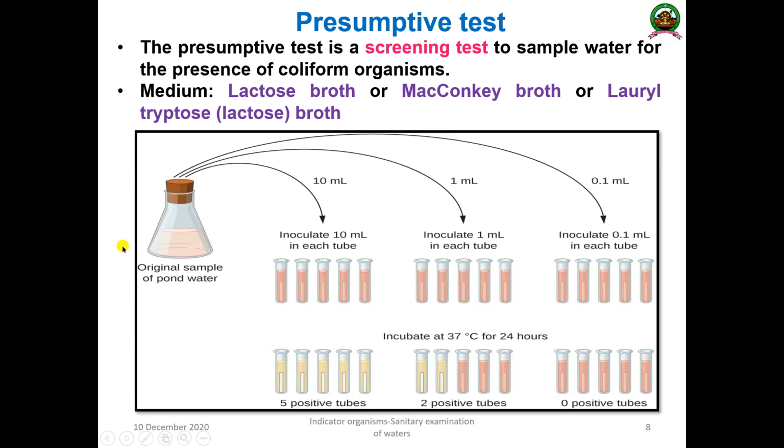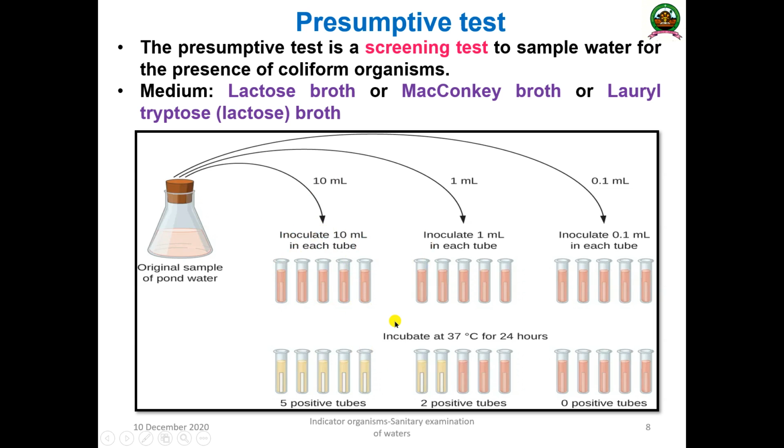Now what you have to do is take the water sample from a pond water or a tap water or the water you are going to utilize in your home, or toilet water, whatever water you want. In a small quantity you can take it. Then in each tube, the first set, here you have added what?